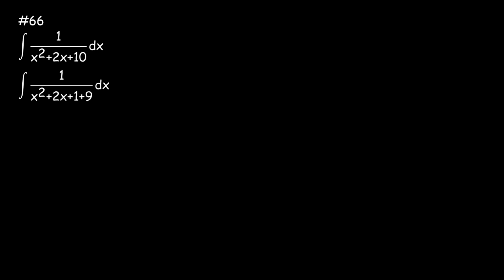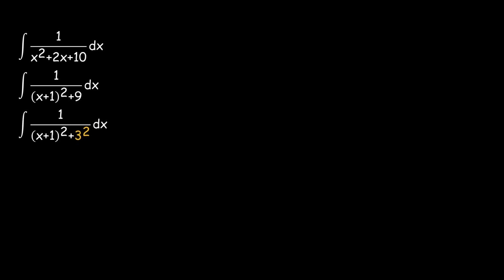And then you can see that x squared plus 2x plus 1 is actually a perfect square quadratic which you can simplify using the completing the square method as x plus 1 all squared, right? Now we would have two squares, x plus 1 all squared and 9. 9 can be rewritten as 3 squared, and then if I factorize out the 9, it's going to be 9 into x plus 1 all over 3 all squared plus 1.